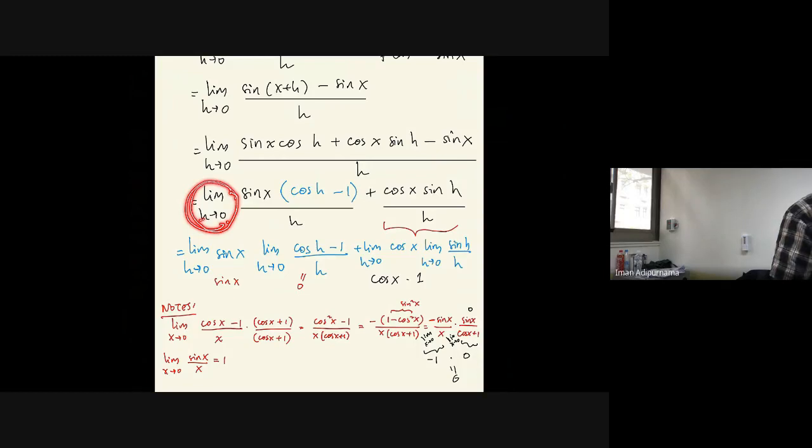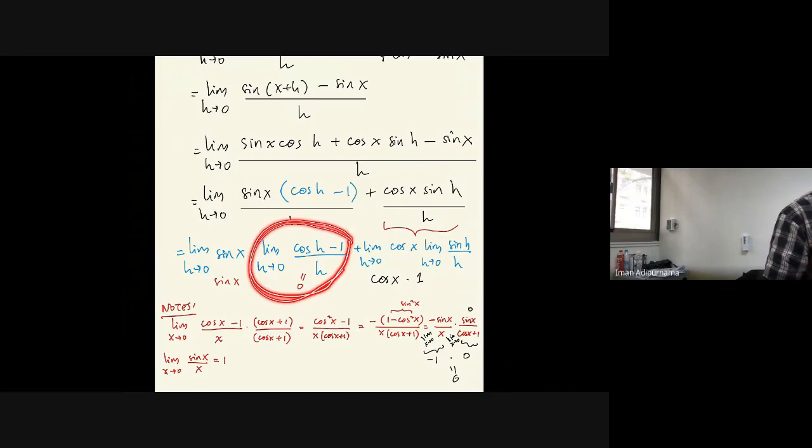But because for this part we are not sure what will happen, we can actually rewrite the form of cos x, because if you plug in 0, it will be 1 minus 1, 0 over 0, right?